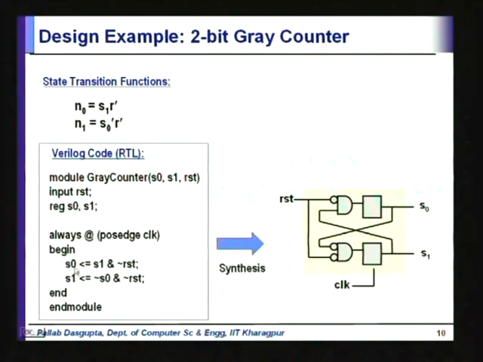We assign to S0 the value S1 and not RST. Now see, this is this function. Remember that it is the same register. So N0 and N1 and the S0 and S1 are going to be stored in the same register, only after one clock cycle. So S0 is going to be assigned S1 and not RST, and S1 will be assigned not S0 and not RST.